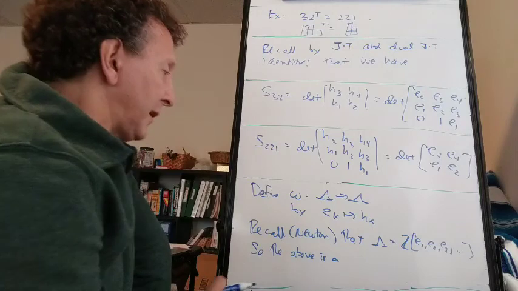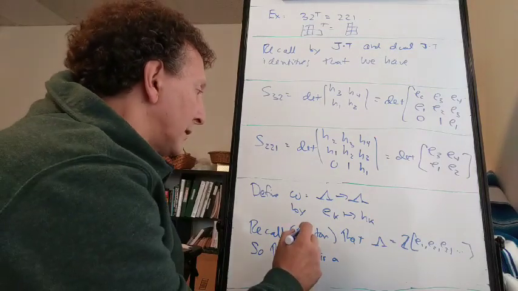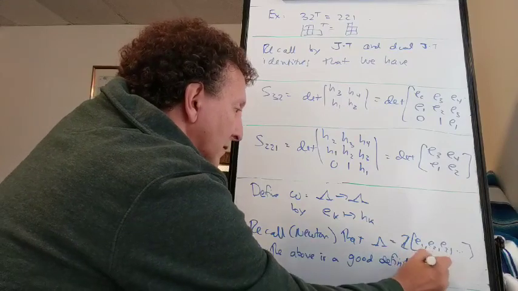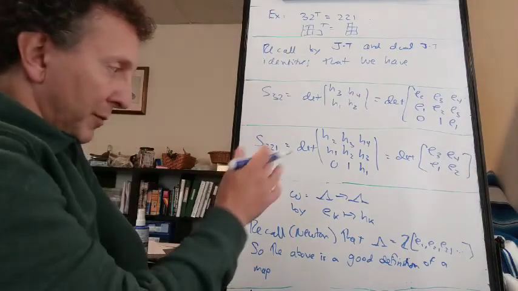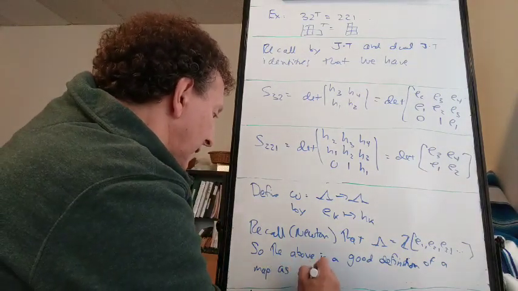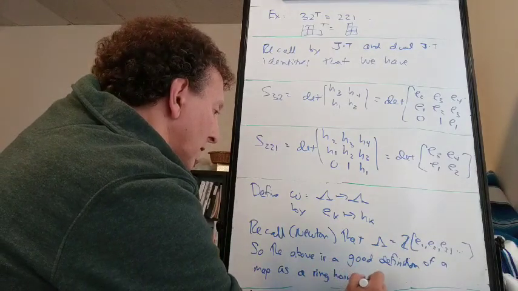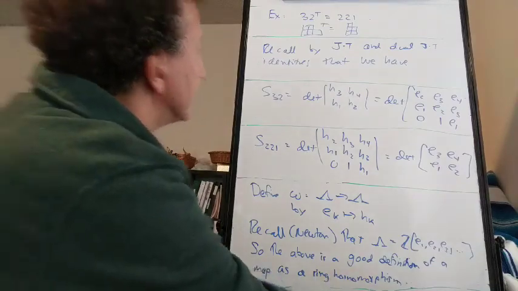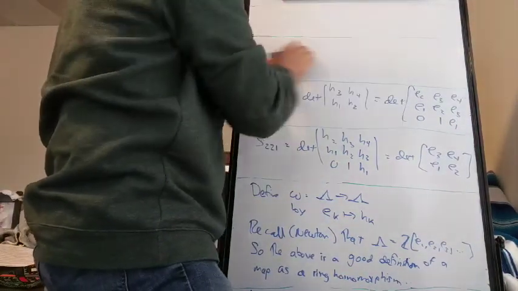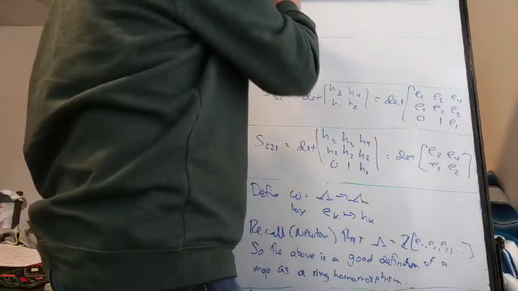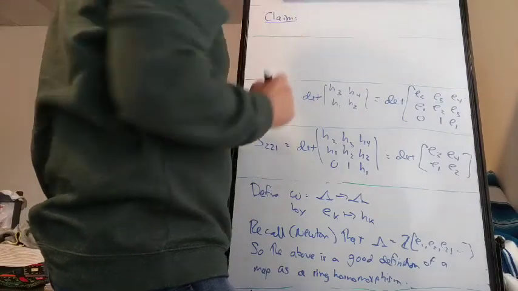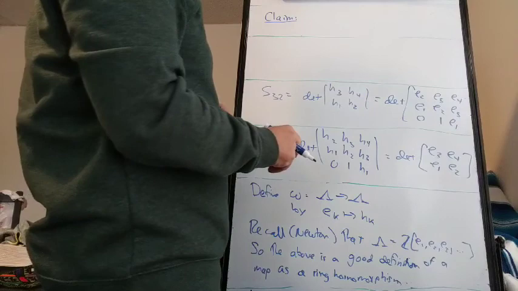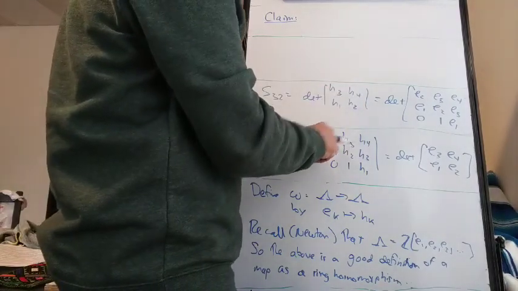So the above is a good definition of a map. We make this a ring homomorphism. Now I claim that, well, from the example, it looks plausible that omega not only sends, say, E3 to H3, but it also sends H2 to E2.